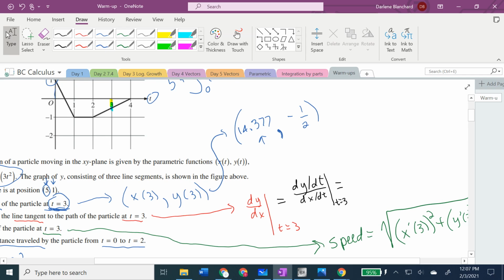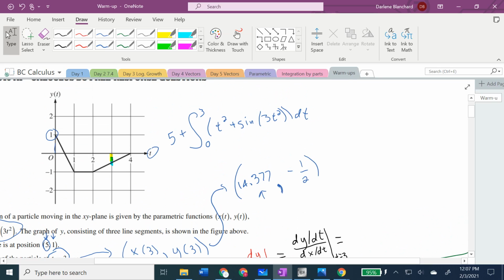When I go over to the graph for y, I want to remember that's the actual value of the function. dy dt wants to know the slope of that graph at time 3. At time 3, I'm located here in the middle of a line that has a slope of 1/2. So dy dt is 1/2 at time 3. That is, if I'm doing my math right. Up 1, right 2, yes.